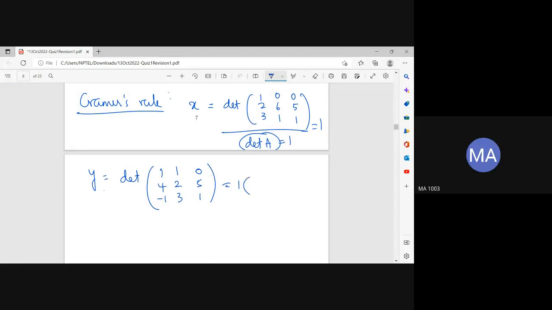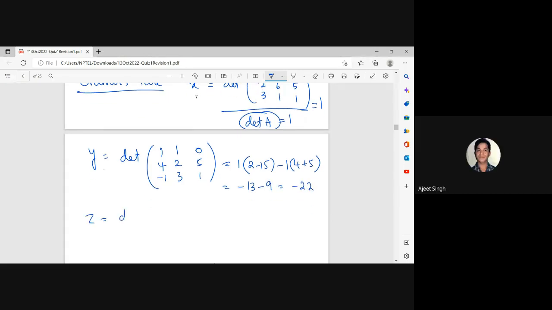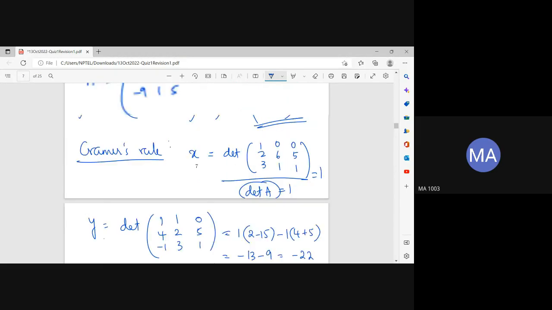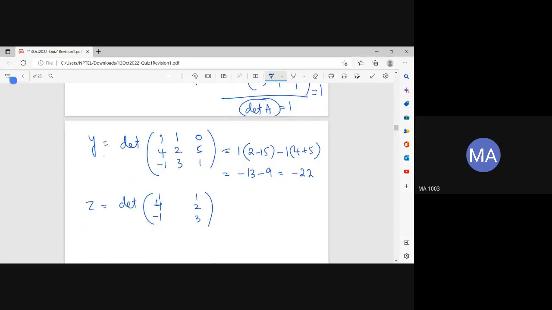Let's expand along the first row. 1 times 2 minus 15, minus 1 times 4 plus 5, minus 13 minus 9. That's minus 22. Now z is the determinant of 1, 1, minus 1, 4, minus 1, here I'll have 1, 2, 3, in between I'll have 0, 6, 1.